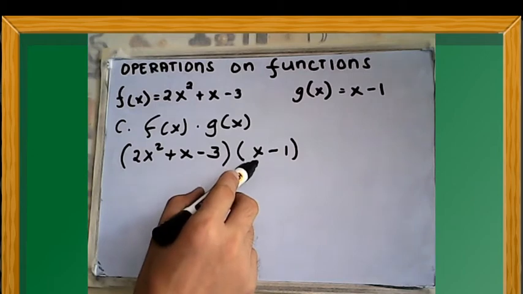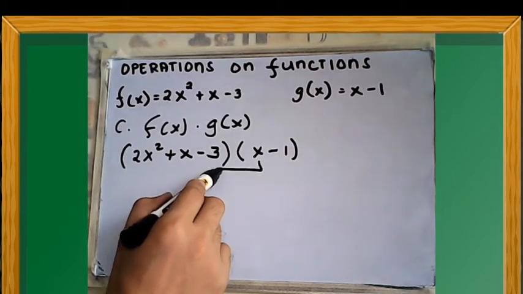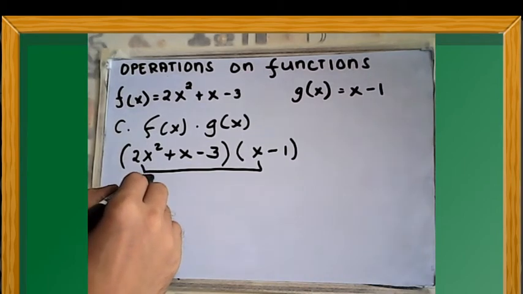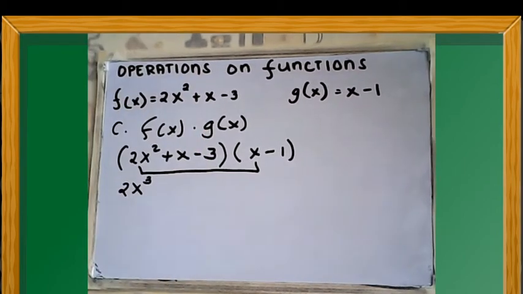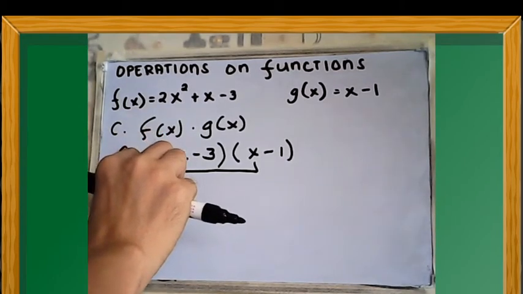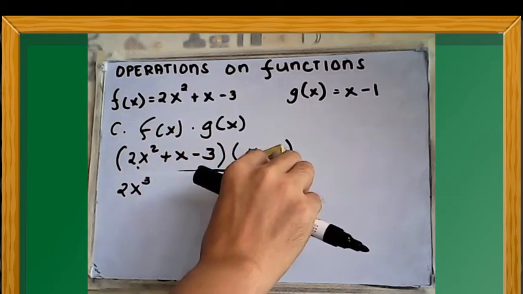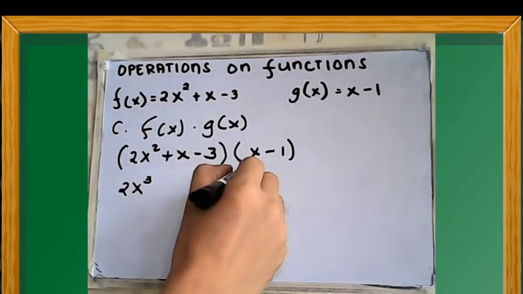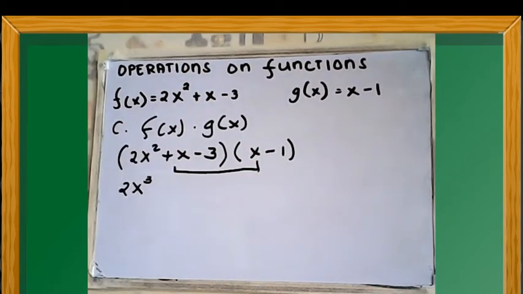So iisa-isahin ang term. x multiplied by 2x squared is 2x cubed. Next, x multiplied by x.